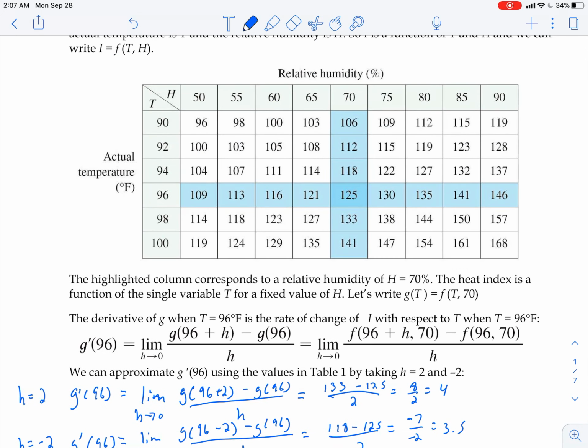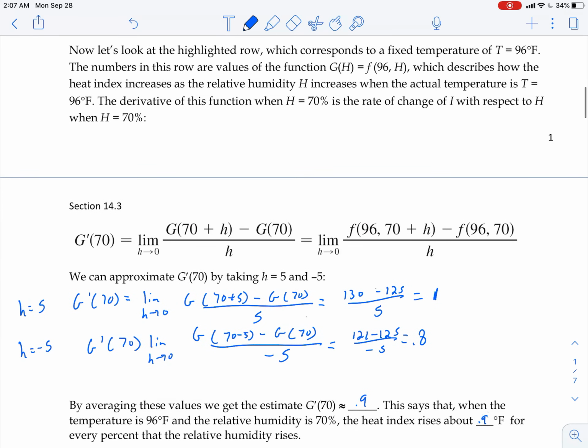So now, instead of going vertically, we're going to go horizontally and find how the heat index is changing when the temperature stays the same, but the humidity changes.